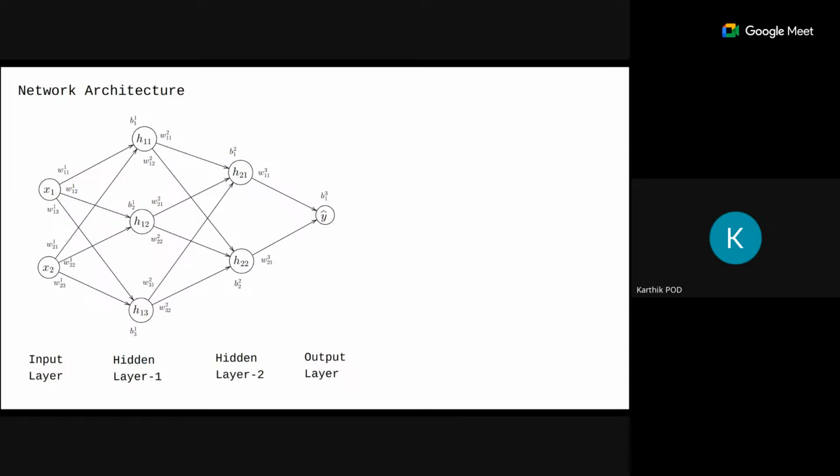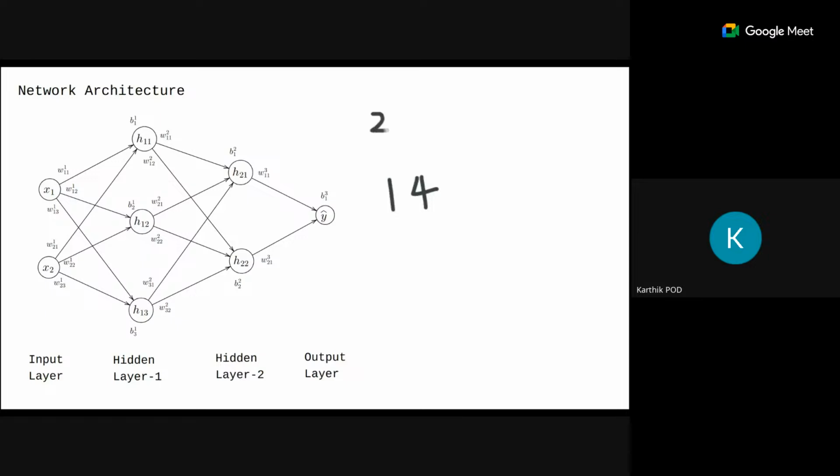And how many weights are there in total? You have 6 plus 6, 14. So there are 14 weight parameters. How did that come about?